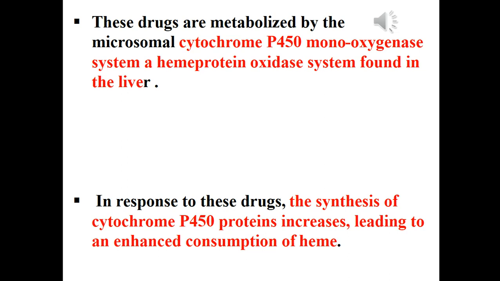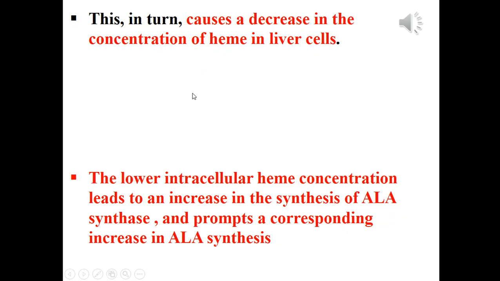Of course, why does the synthesis of this enzyme increase? Because these drugs are used chronically, for epilepsy, and epilepsy is a chronic disease, so the body always consumes them to prevent accumulation of these drugs, which would lead to toxicity. So this in turn causes a decrease in the concentration of heme in the liver cell.